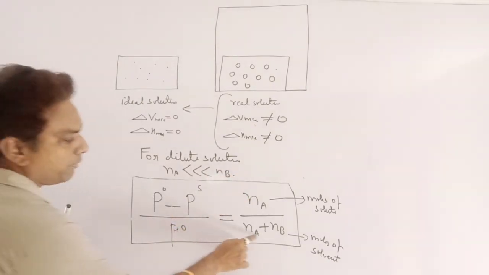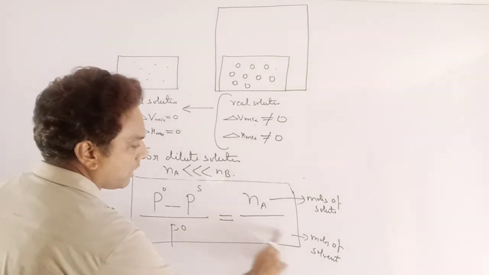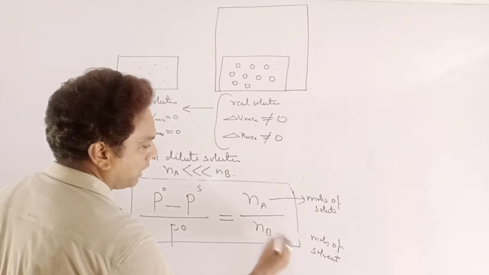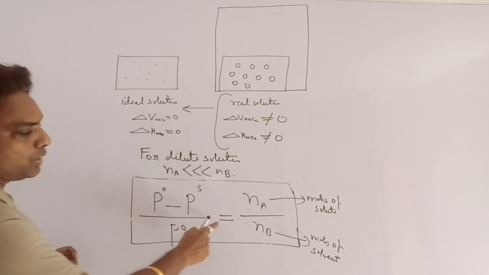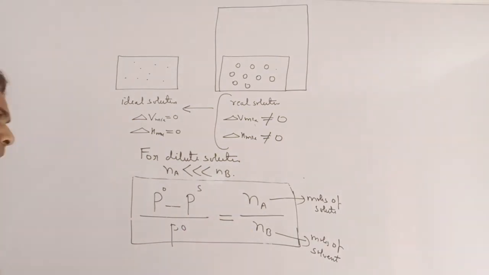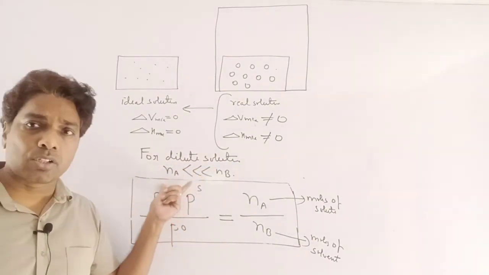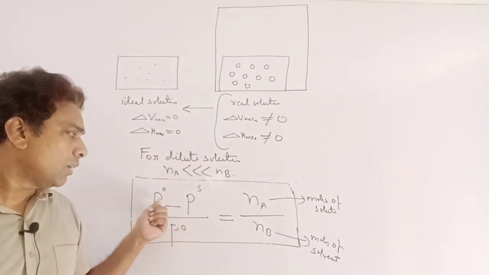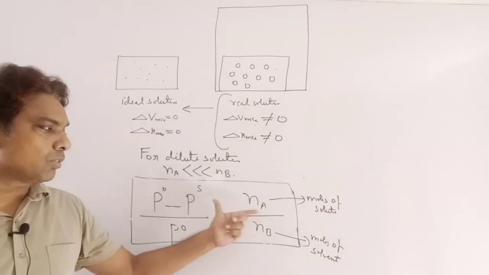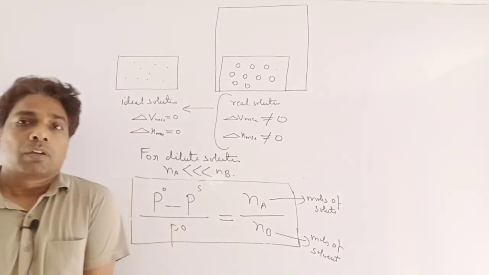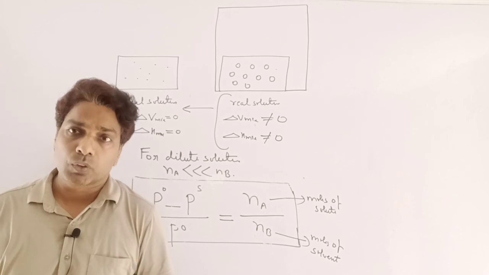So in Raoult's law, Na plus Nb is nearly the same as Nb. So Raoult's law becomes P naught minus Ps upon P naught is equal to Na upon Nb. So for a dilute solution, in the case of a real solution, we can use the formula of relative lowering of vapor pressure, which is P naught minus Ps upon P naught is equal to Na upon Nb, where Na is the number of moles of solute and Nb is the number of moles of solvent.